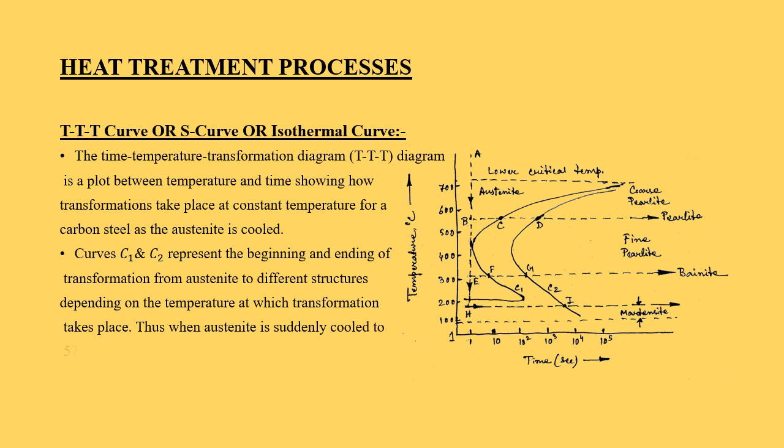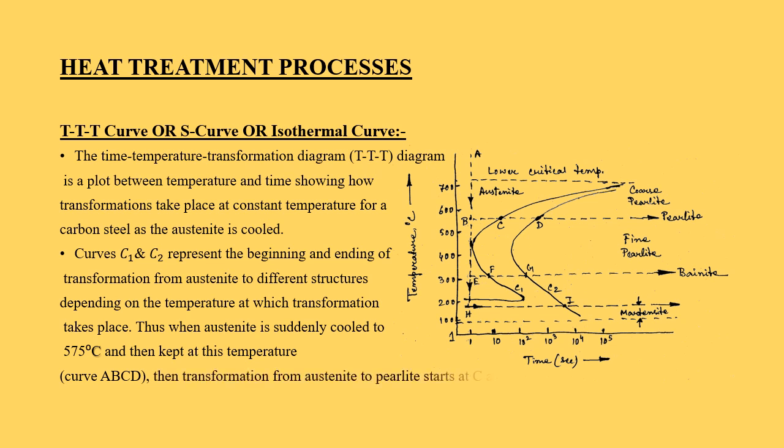When the austenite is suddenly cooled to 575 degrees centigrade and kept at this temperature, as in curve ABCD, the transformation from austenite to pearlite starts at C and completes at D.